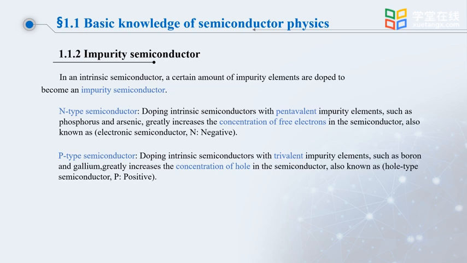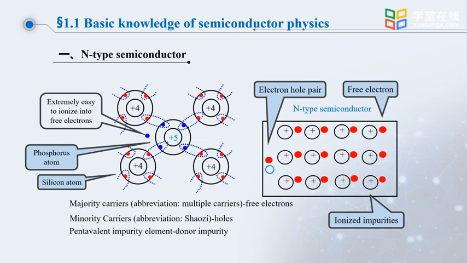The N-type is the incorporation of a pentavalent impurity into the intrinsic semiconductor, such as phosphorus or arsenic. The P-type is the result of the addition of trivalent elements, such as boron or gallium.